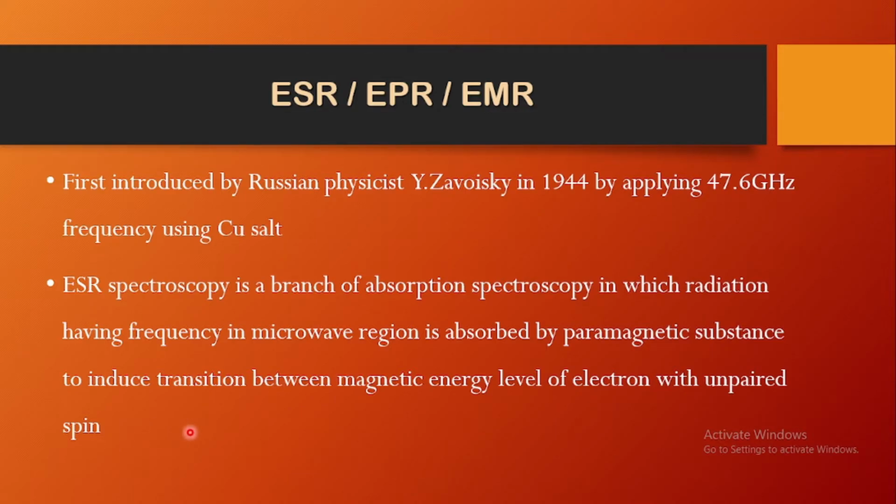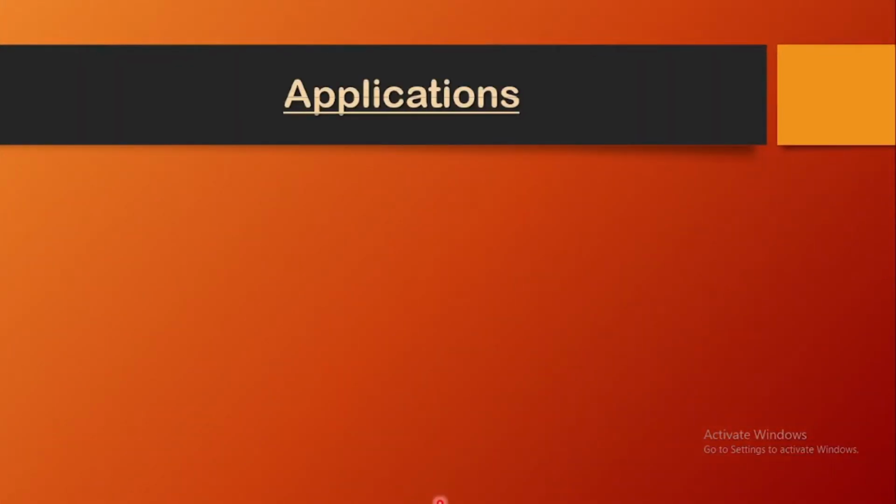So there is the influence of a magnetic field on the spin of the electron, and by the absorption of microwave energy by the paramagnetic substance, we can study electron spin resonance. The microwave frequency range in general is 10 raised to 8 to 10 raised to 11 hertz. This is just the introduction, and the main part is the application of ESR.